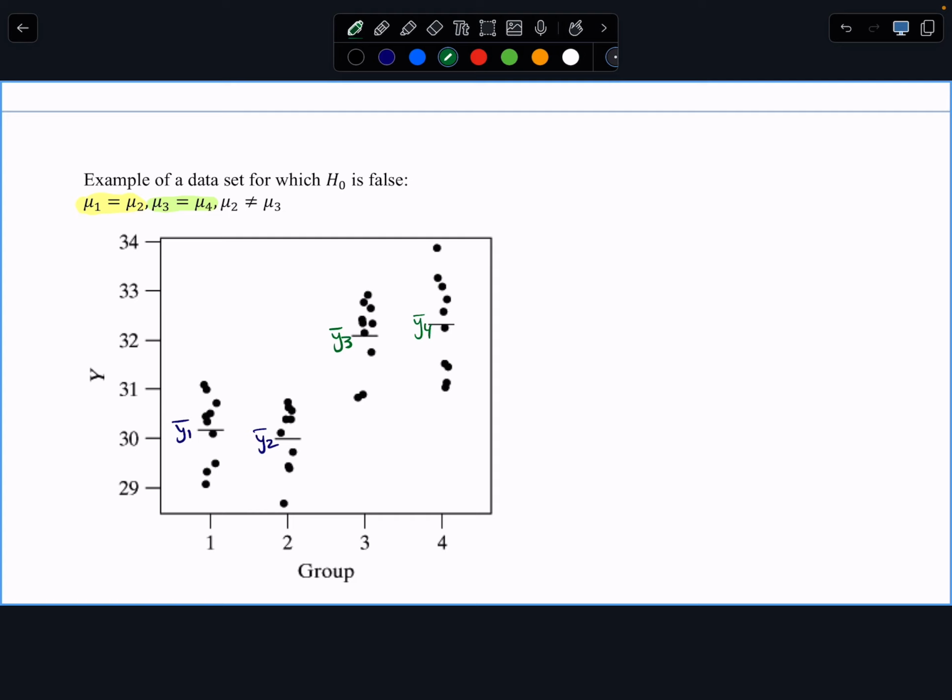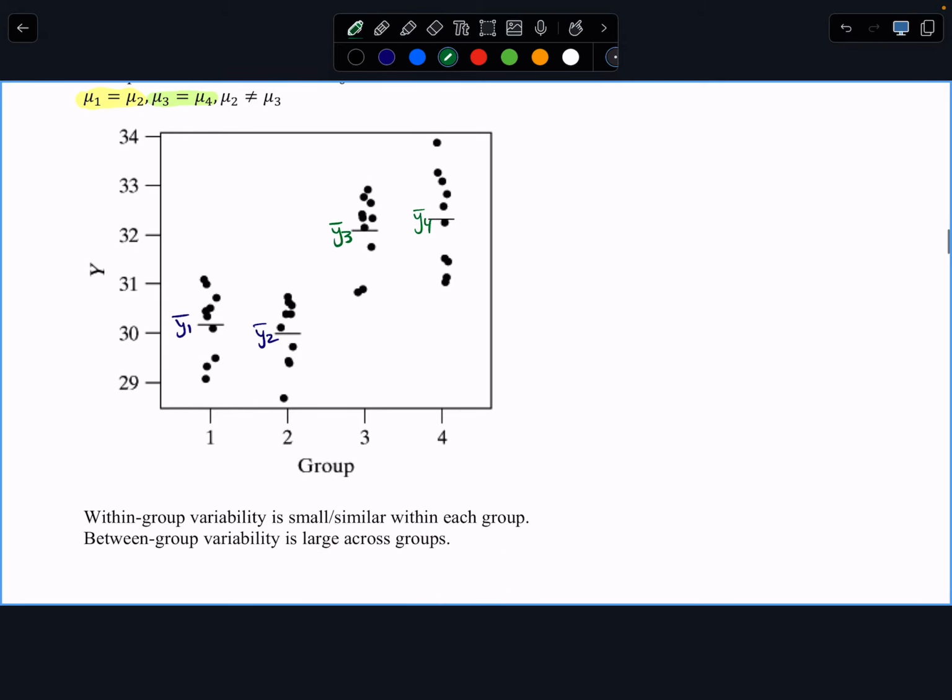Since y bar 3 is different from y bar 2 and y bar 4 is different from y bar 2, so on and so forth, our between group variability, especially compared to the other example, is going to be pretty large across our groups because we have spread much more than we had in the last example. All right? So my between group variability is large across groups.